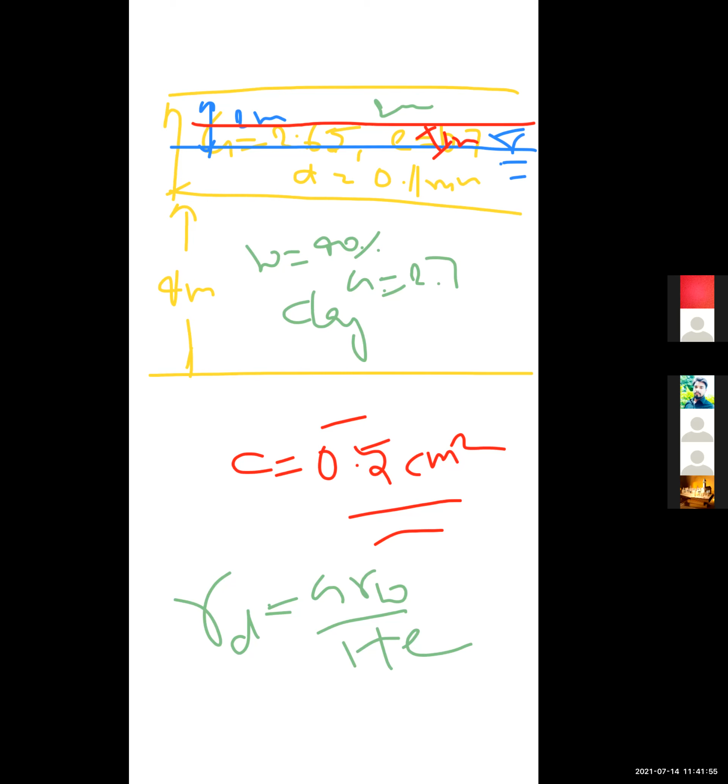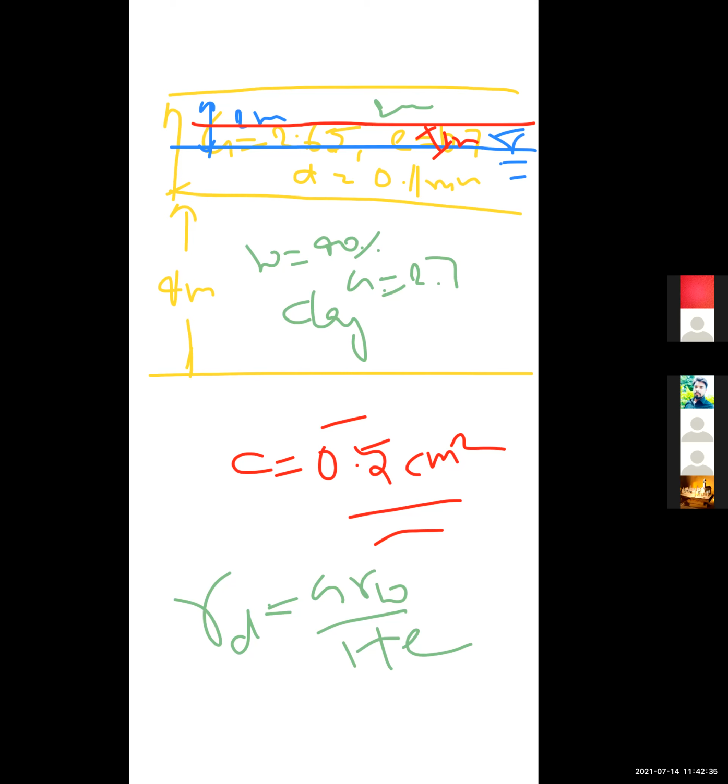Ma'am, what is the use of D here? I mean, soil particles, D effective. Dharani, your voice is very slow. Ma'am, 15.58 kilonewton per meter cube.